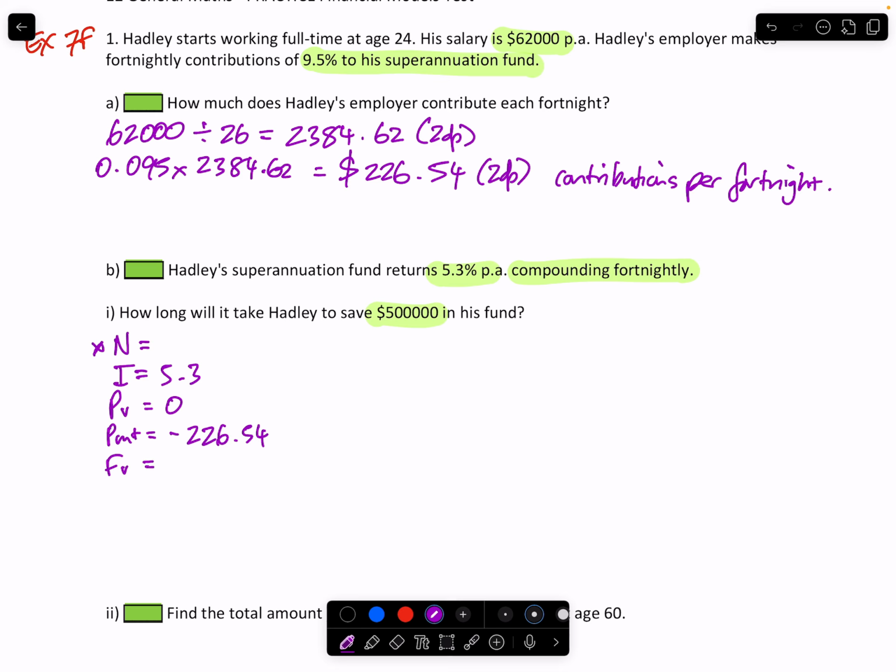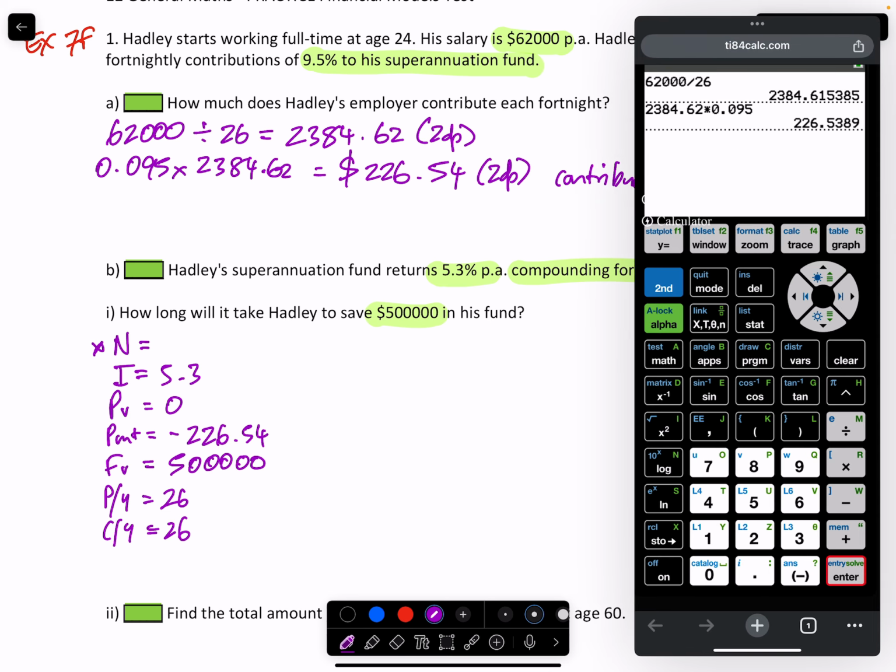FV, the question is saying that we want him to save up to 500,000. PY, it's fortnightly. CY, we've been told it compounds fortnightly, so 26. So apps, finance, TVM Solver, 5.3, 0, negative 226.54, 500 grand, 26, enter, both get changed to 26.